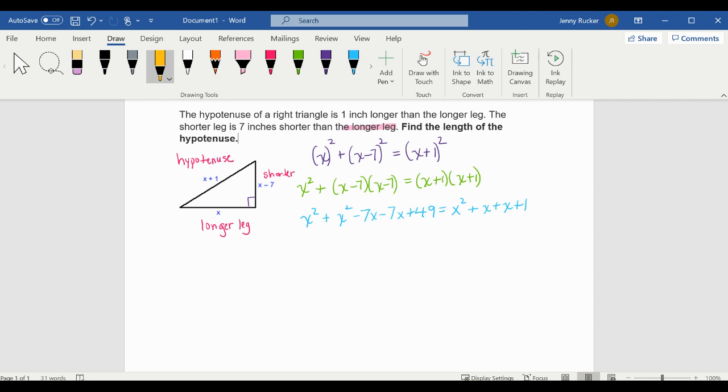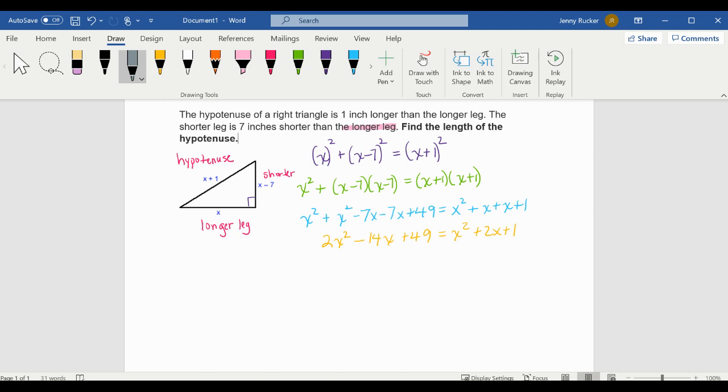Now we can combine like terms. So here I have 2x squared minus 14x plus 49 is equal to x squared plus 2x plus 1.